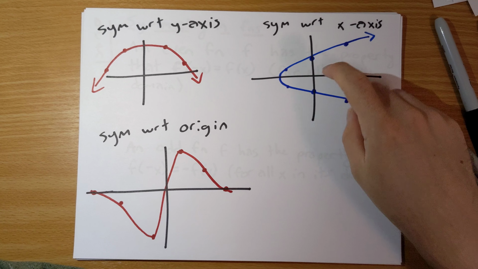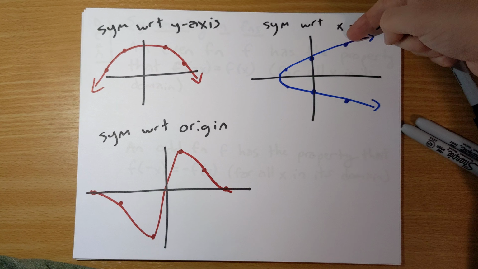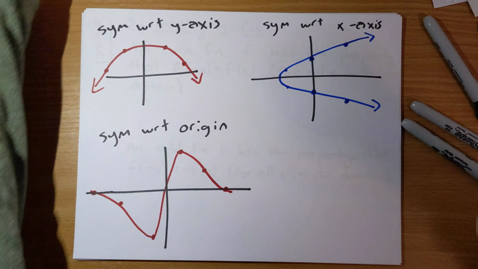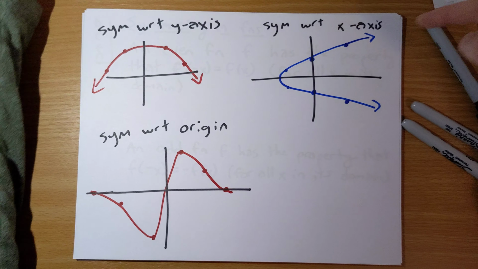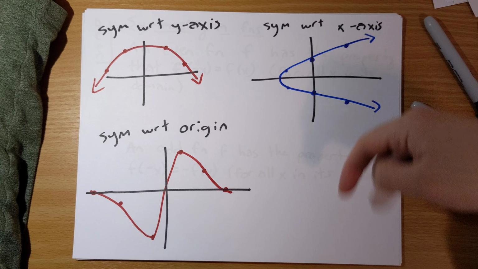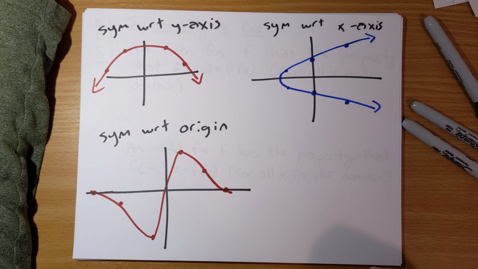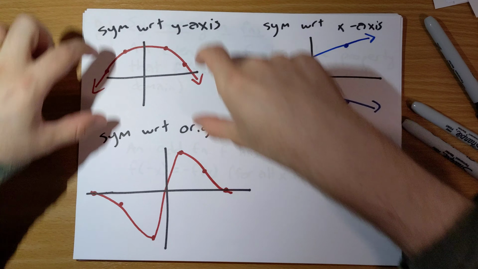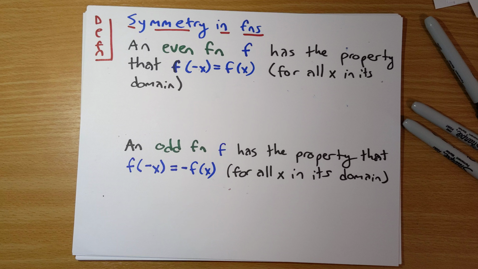The thing you should realize is that this one does not give you a function, because if (x, y) is on the graph, (x, -y) is also on the graph, and as long as y isn't always 0, that will give you two outputs for a single x input. That's not allowed for a function. So this one can't be a function. These two could be functions. And so this leads us into this next definition.